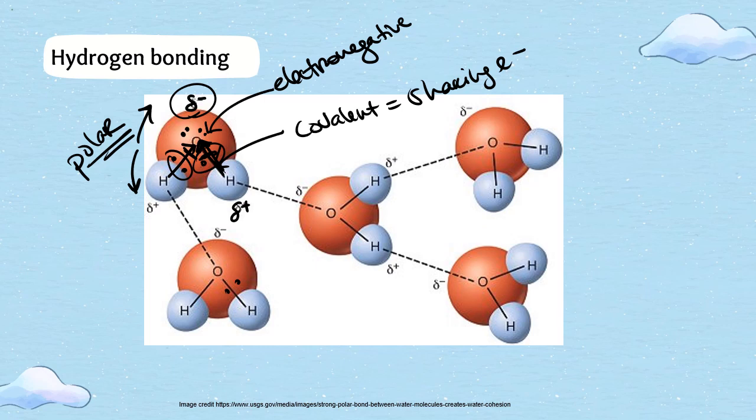What's super cool about this is when this water molecule gets close to another water molecule, the partially positive hydrogen side of one water molecule and the partially negative side of another water molecule are attracted to each other. Opposites attract, right? And so this force of attraction between these partially positive and partially negative pieces of different molecules is called hydrogen bonding.